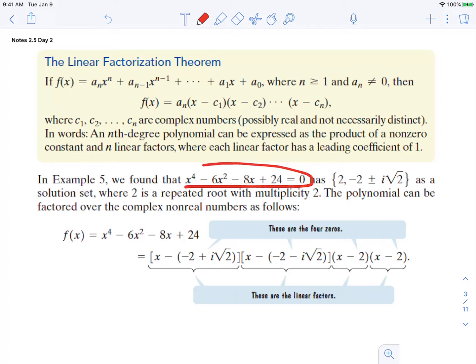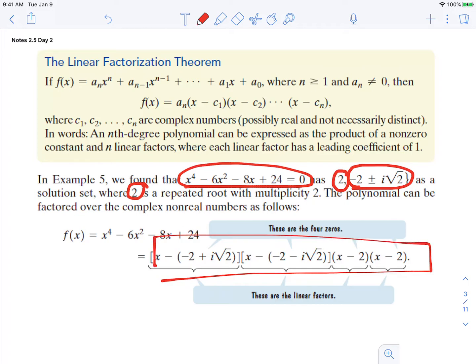Here is a 4th degree polynomial, and they found 2 complex numbers right here. Those are the conjugates. And then they give you one more of 2. There must also be another zero at 2 because it has a repeated root. So this is what it would look like in factored form.